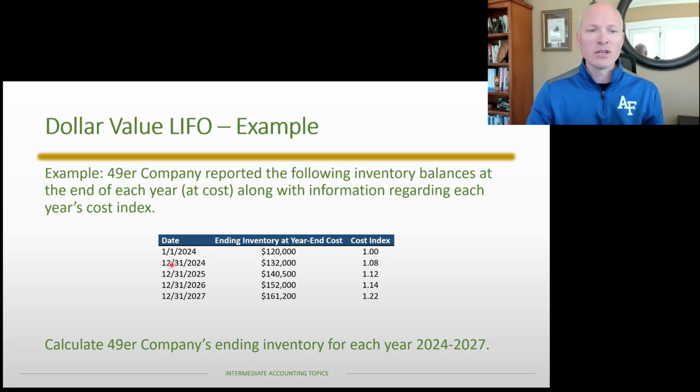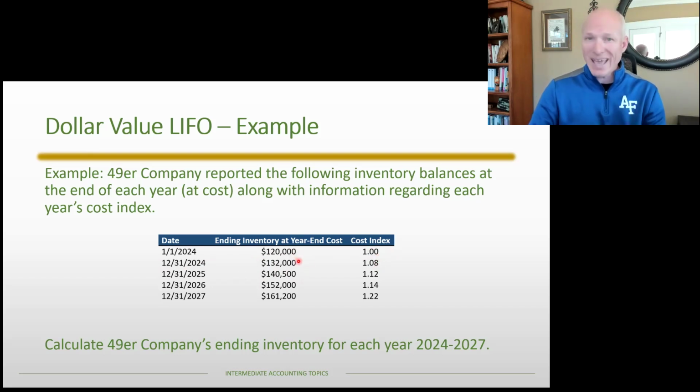Then we come to the end of 2024. At that date, the value, I want to be very, very clear, the value of my inventory was $132,000, but that value is based on prices or costs as of December 31st, 2024. And so what happened? Well, we can see by this cost index that the cost of my inventory went up.